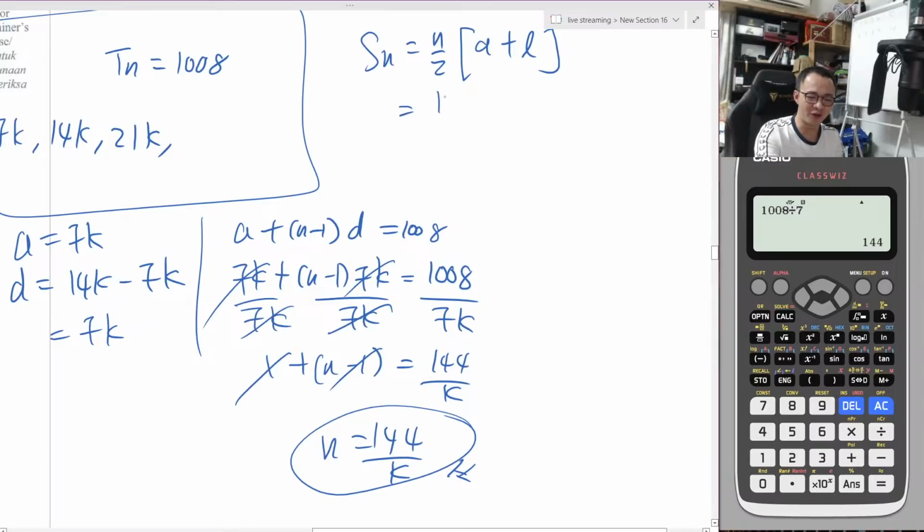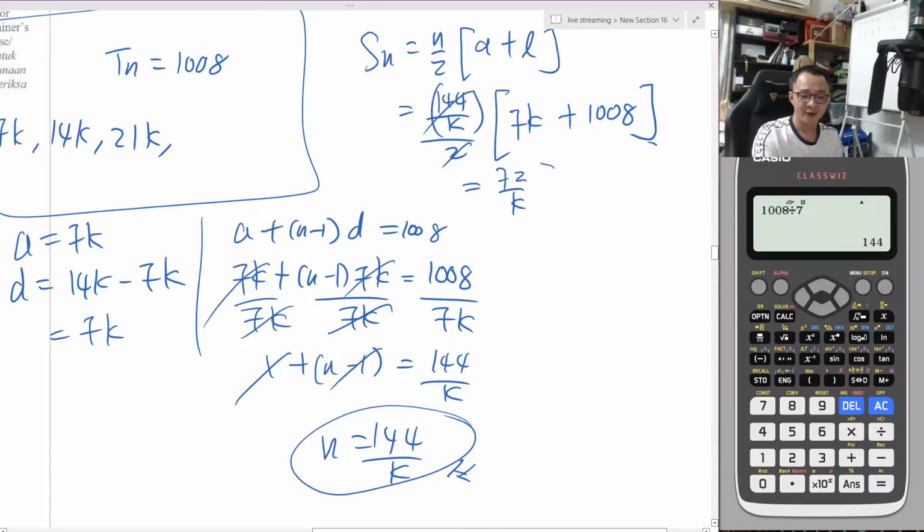Okay, my n is 144 over k divided by 2. My first term is 7k. My last term is 1008. In this case I can simplify it to 72 over k times 7k plus 1008. 72 times 7, what do I get?